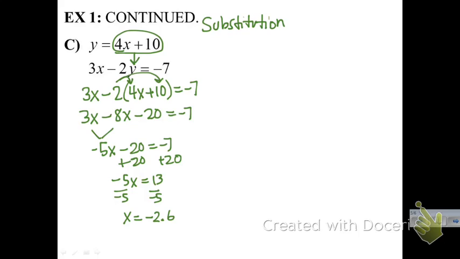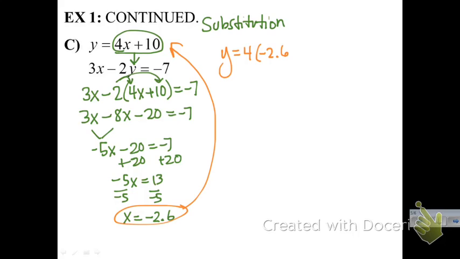Now we're going to use this, and I'm going to go up all the way to the top. And I'm going to use that equation because y is already by itself. So we have y equals 4 times x, which we just found to be -2.6 plus 10. 4 times -2.6 is -10.4 plus 10.